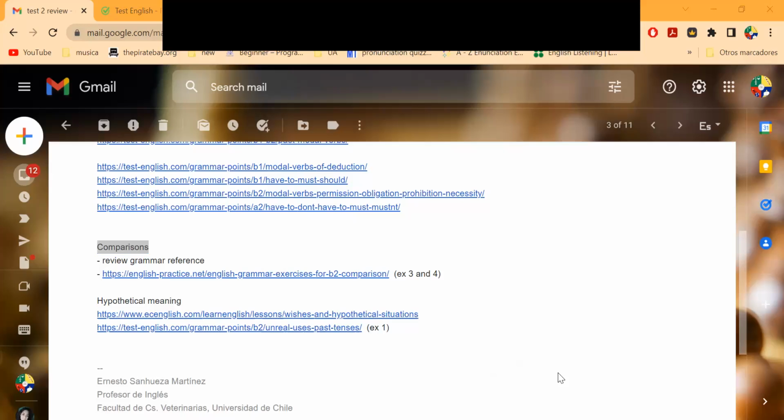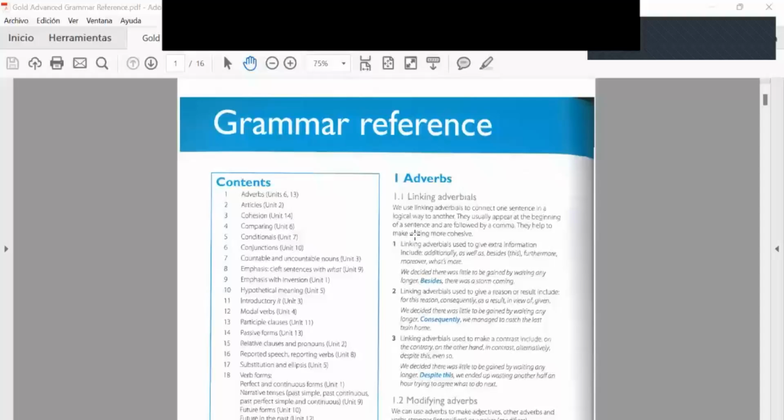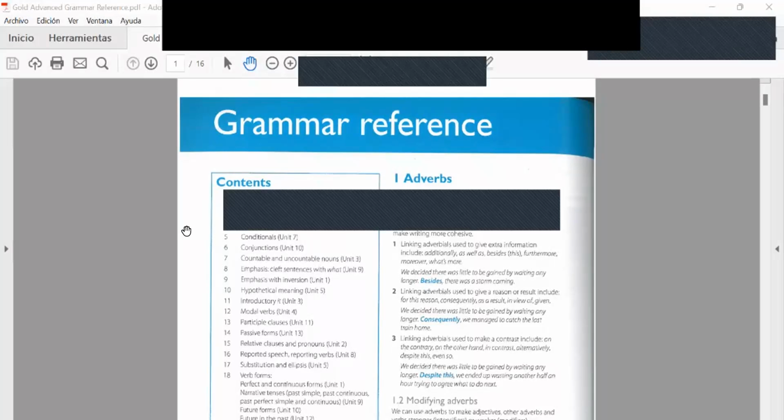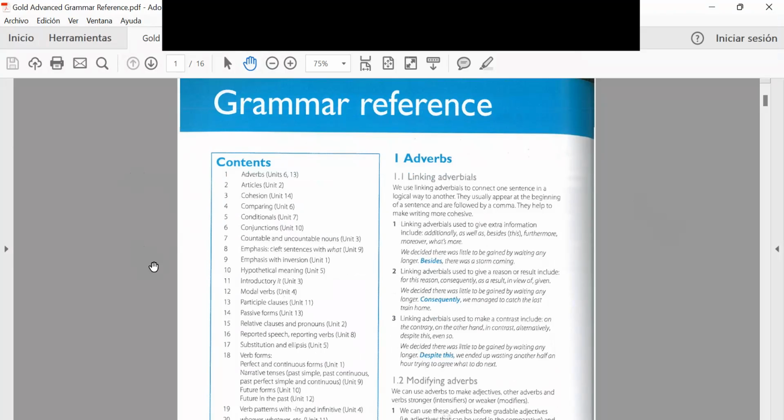Comparisons. Les voy a mostrar el grammar reference y lo que tienen que estudiar de acá es súper claramente los 5 puntos gramaticales que les mencioné. Acá el punto 4, comparing.